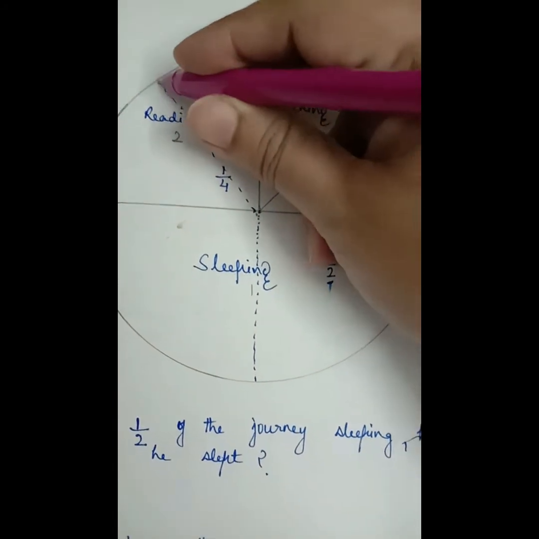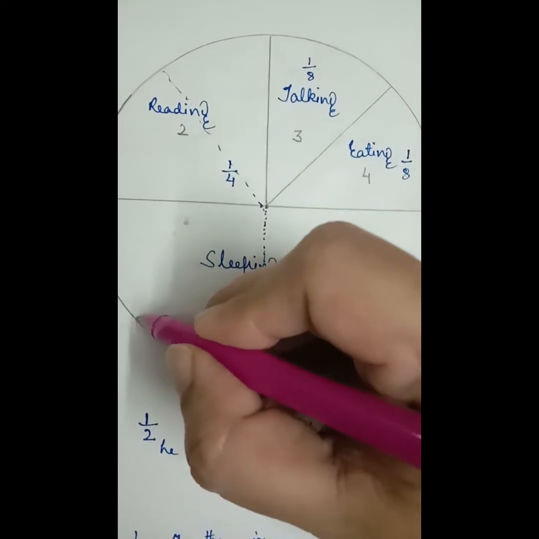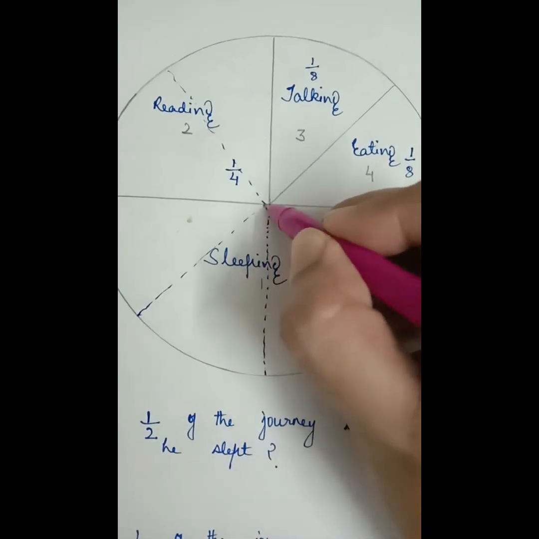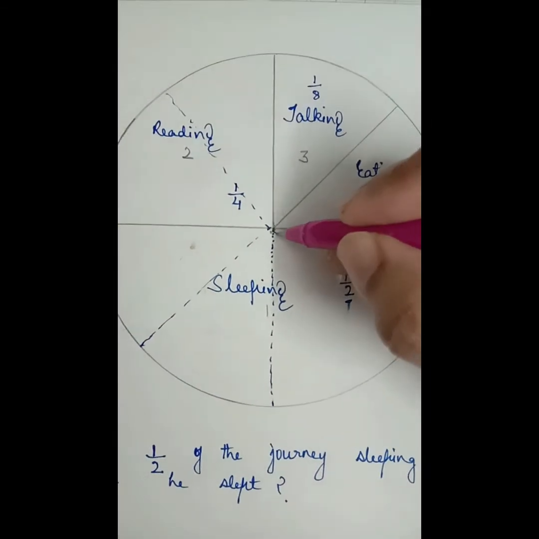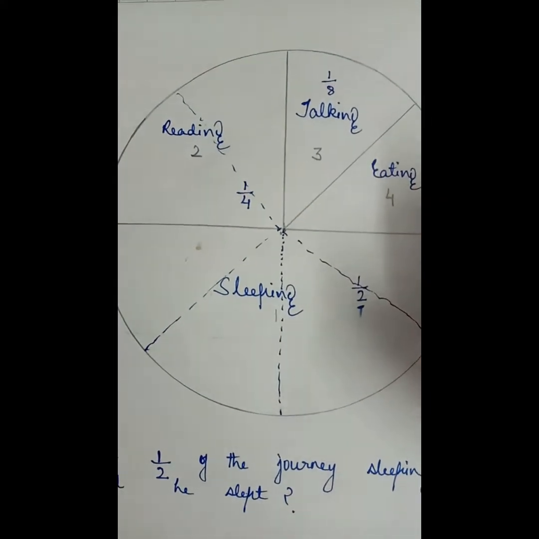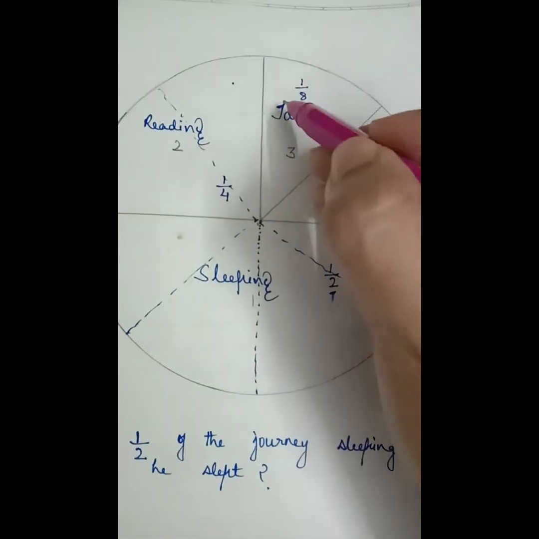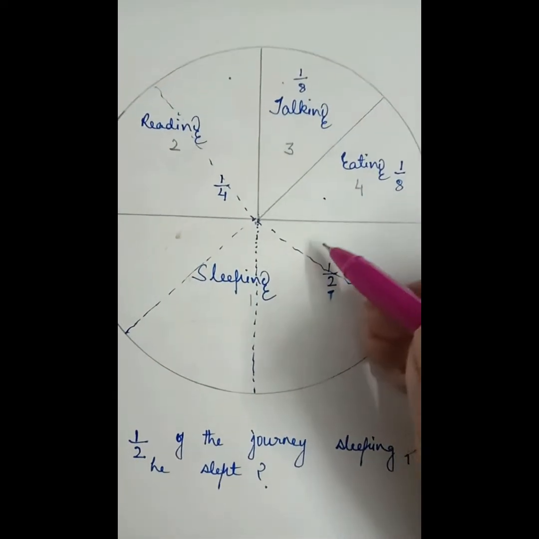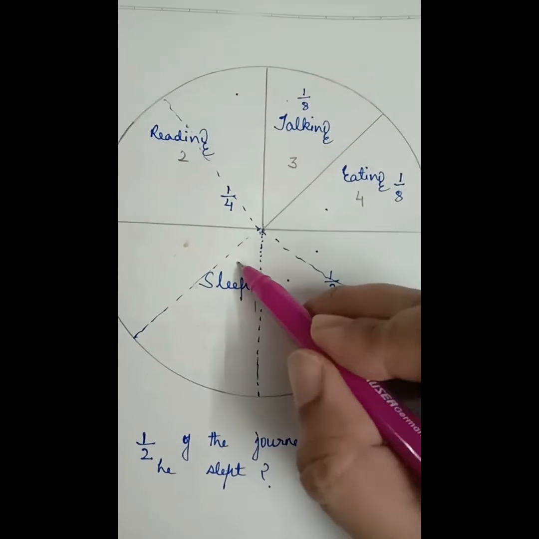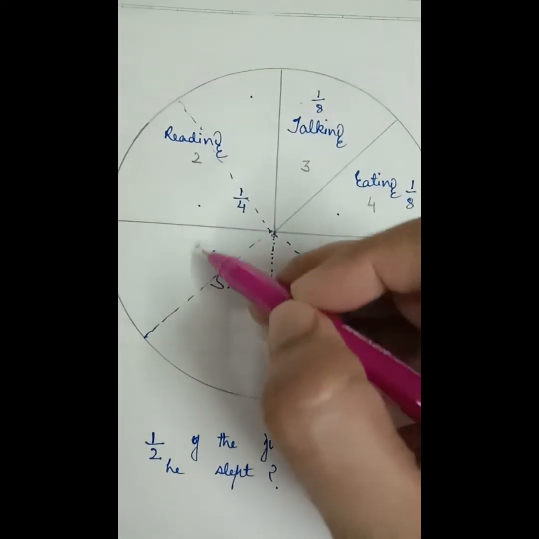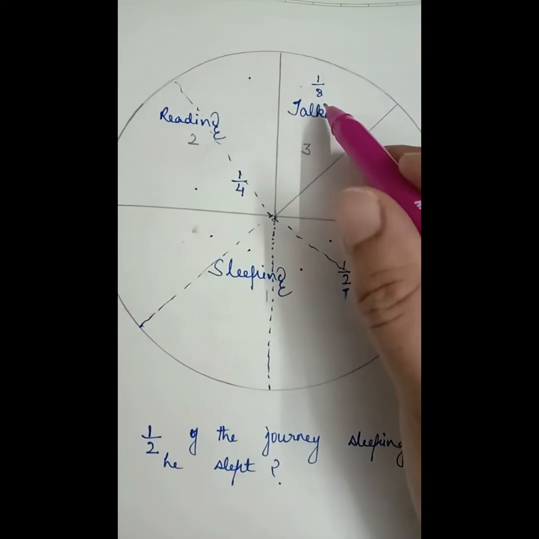See, this is also a 1/4 part. I have divided it into 2 parts. This also and this also. So now let's count the parts: 1, 2, 3, 4, 5, 6, 7 and 8. So each part is 1/8.